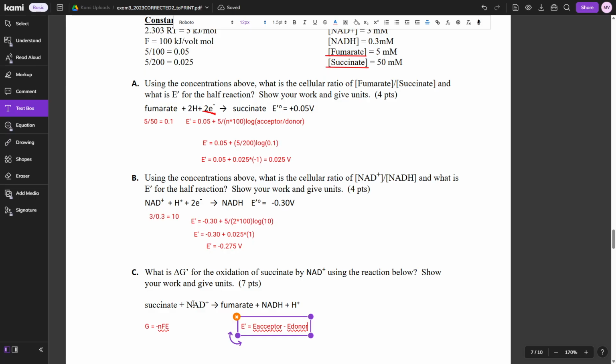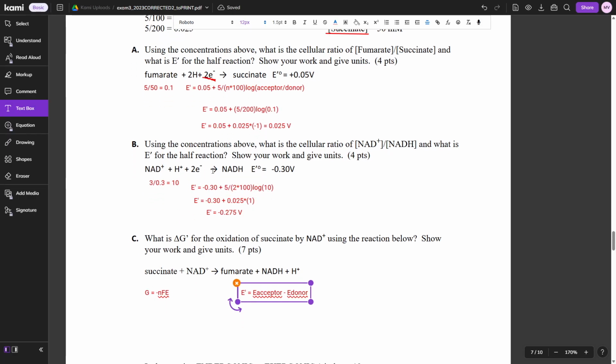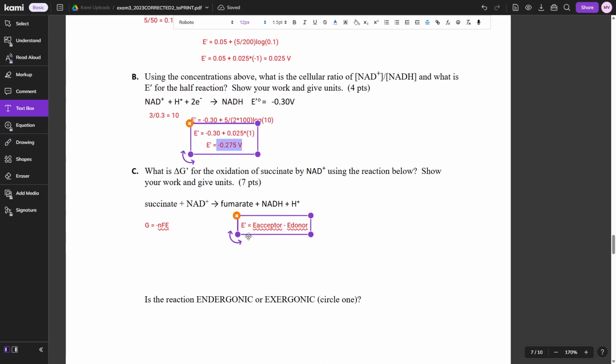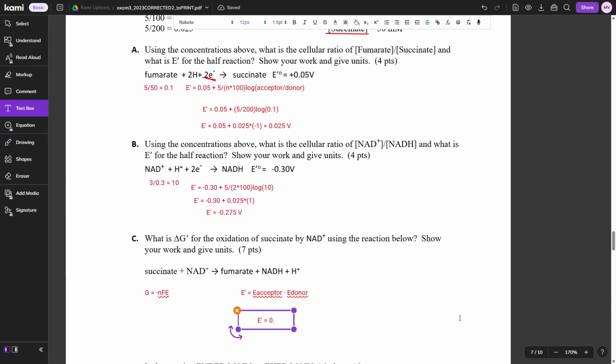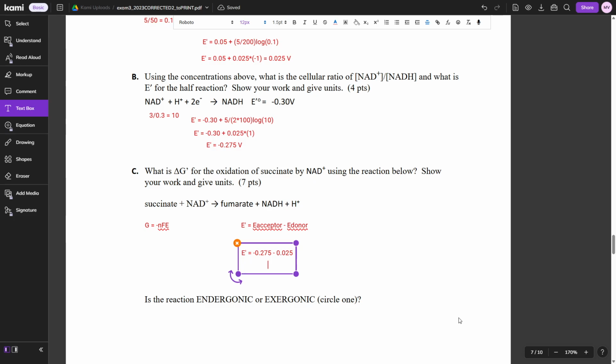So NAD plus, the reduction value for that one was this negative 0.275, and then the donor is going to be the 0.025. So we're going to do E prime equals negative 0.275 minus 0.025. And that's just going to be negative 0.3.